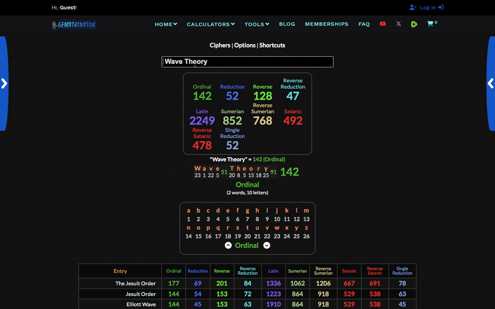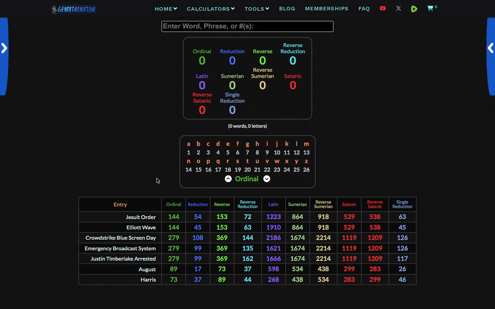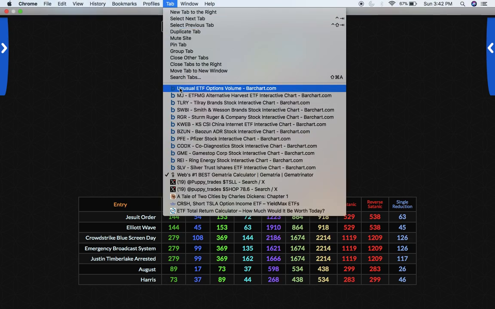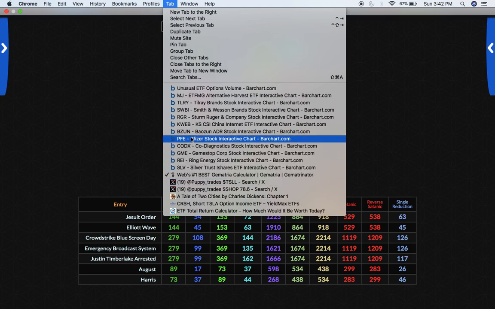Anyway, one of the other ones is a big match with the Jesuit order too. But anyway, don't worry. I'll stop talking about gematria before the emergency broadcast system is announced, before Kamala Harris, or probably after Kamala Harris is president in August. You watch what happens to Ruger and SWBI.